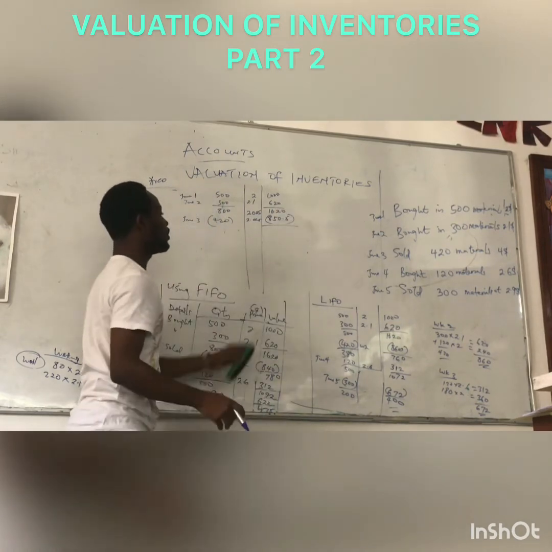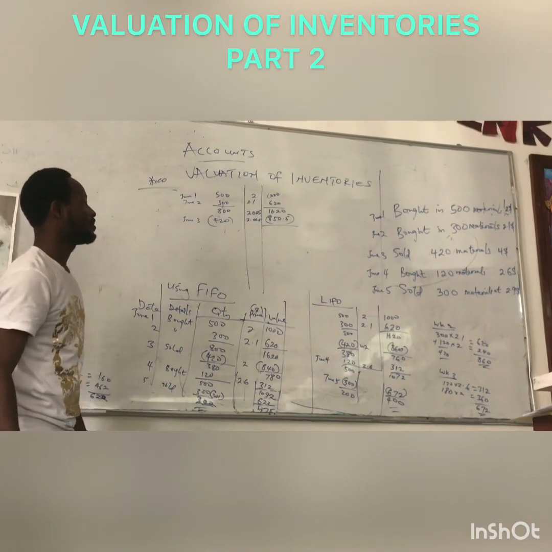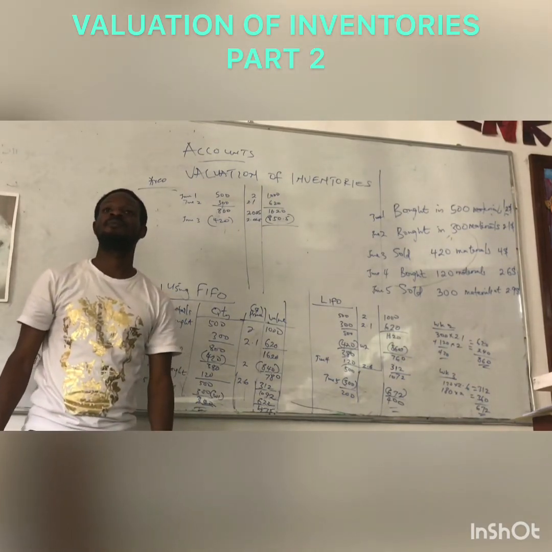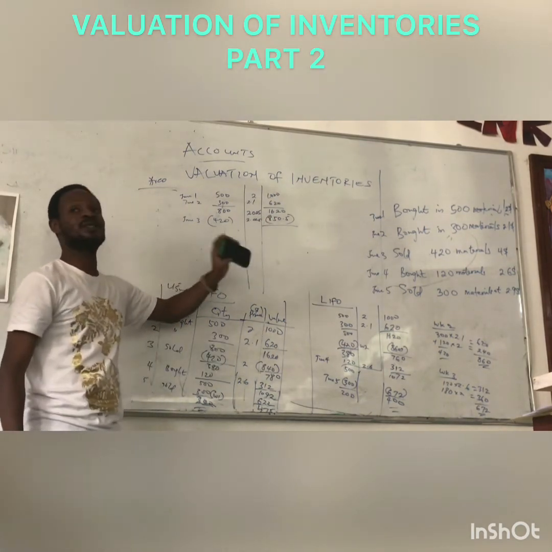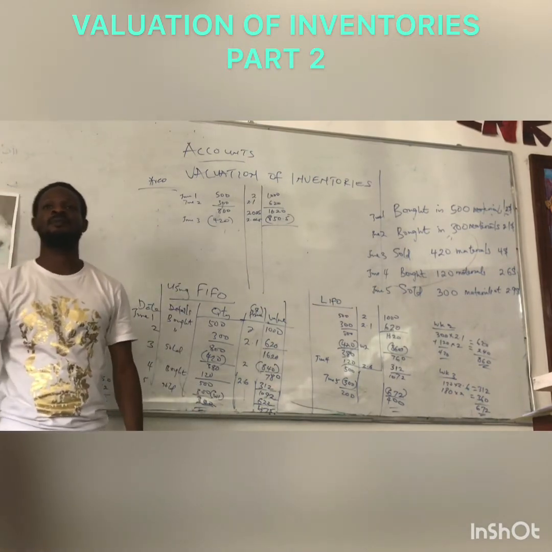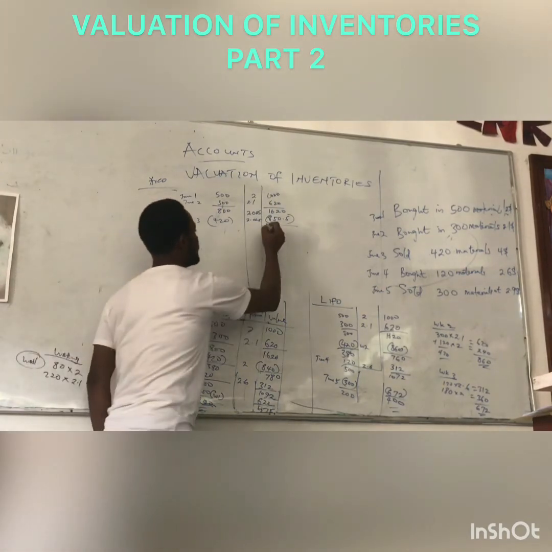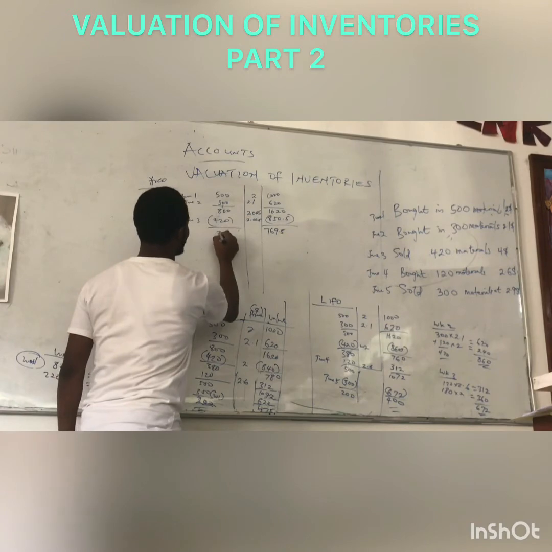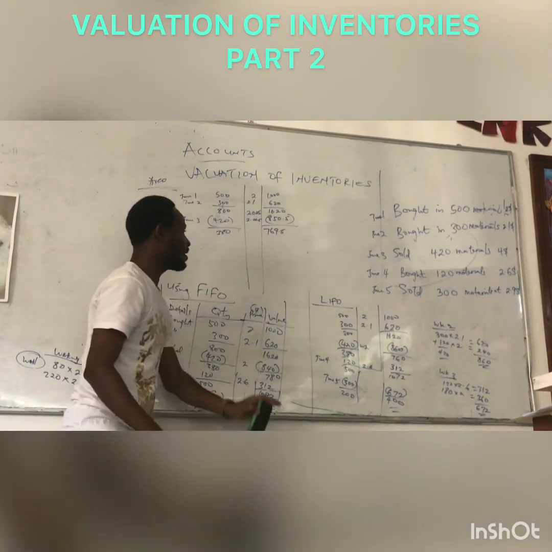So 1620 minus 850.5 is 769.5. So at this point we have 380 units, and the value of the 380 is 769.5.